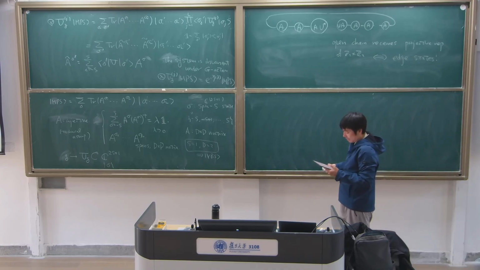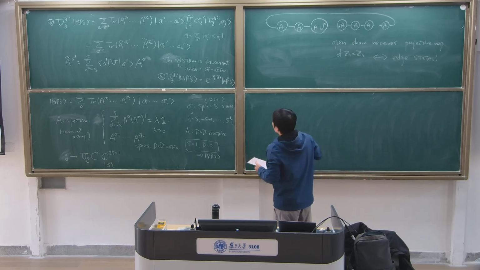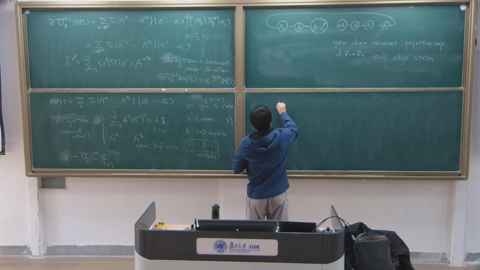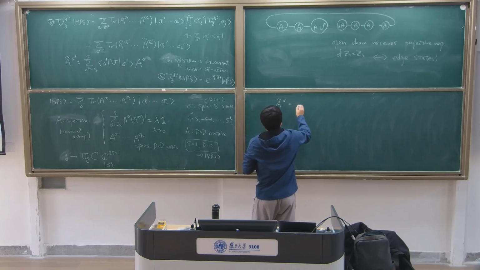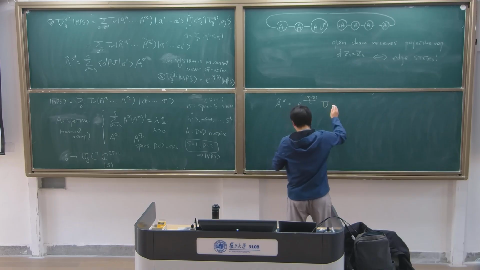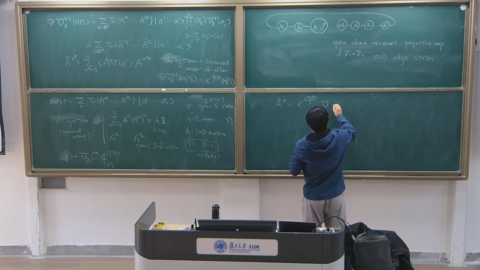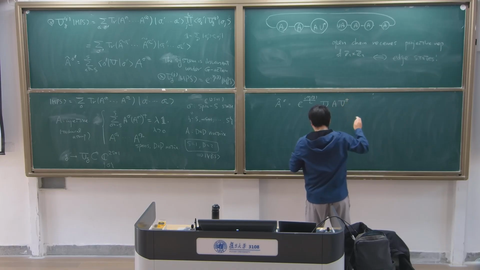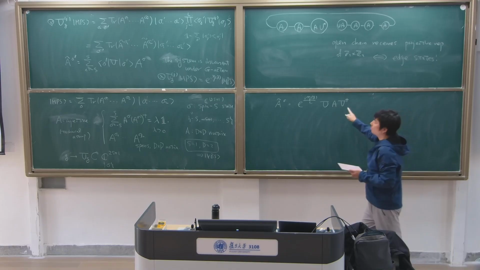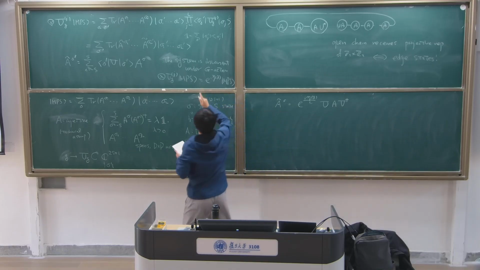So this means that if n given sigma is something like e to the i a g, divided by L, u a u dagger, whichever u dagger, this is satisfied.